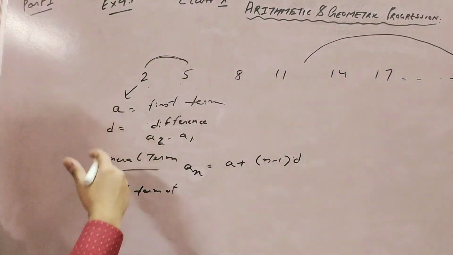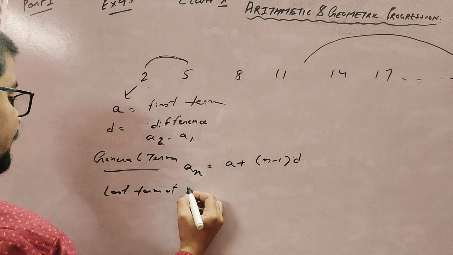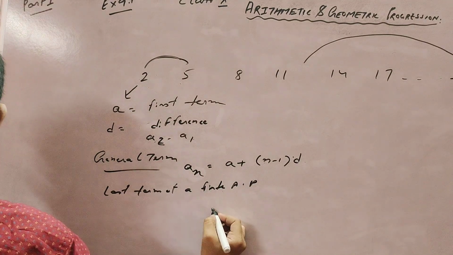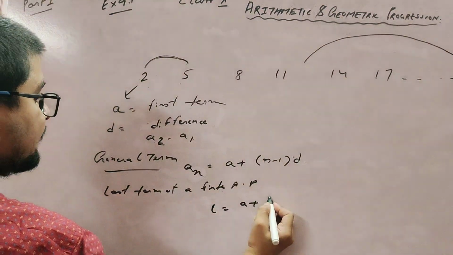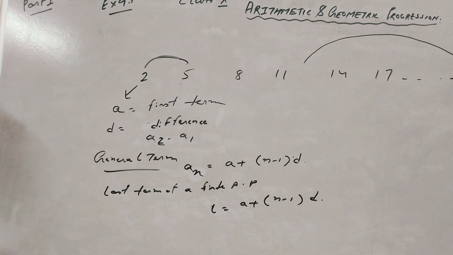So if the question is about the last term, what is the formula? Last term of a finite AP, L equals A plus N minus 1 D. Okay. Note the formula. And one more formula, difference of any two terms. Only note these two formulas.